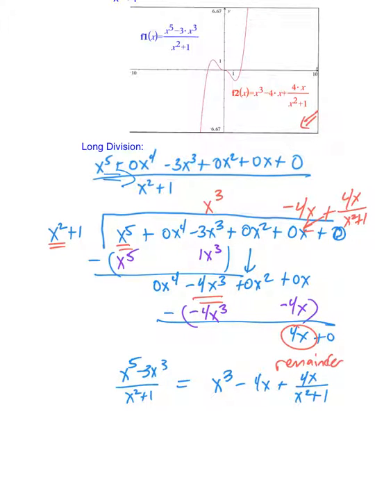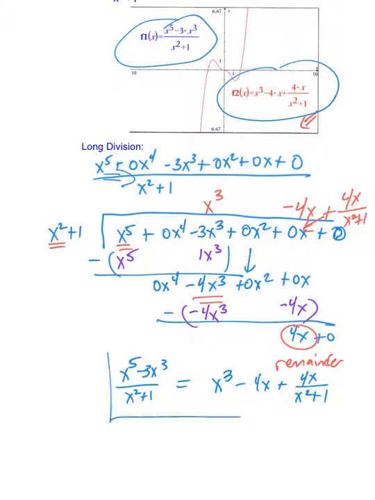And these are the original functions that we were working with. We showed that x to the fifth minus 3x cubed over x squared plus 1, that was our f1 of x, is equal to x cubed minus 4x plus the quantity 4x over x squared plus 1. That is our f2 of x. So we have verified that these two functions are equivalent by long division.